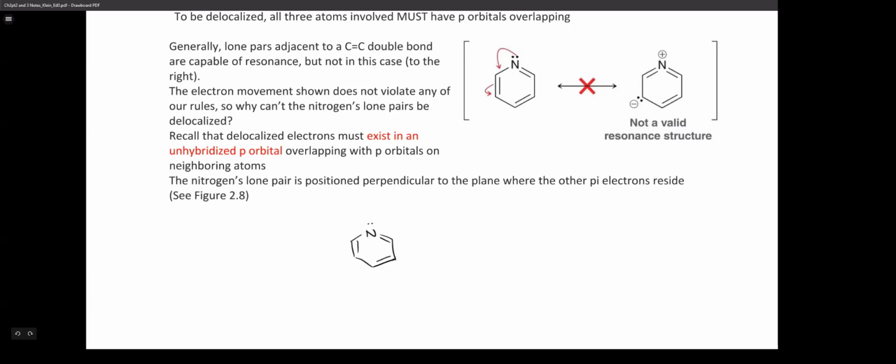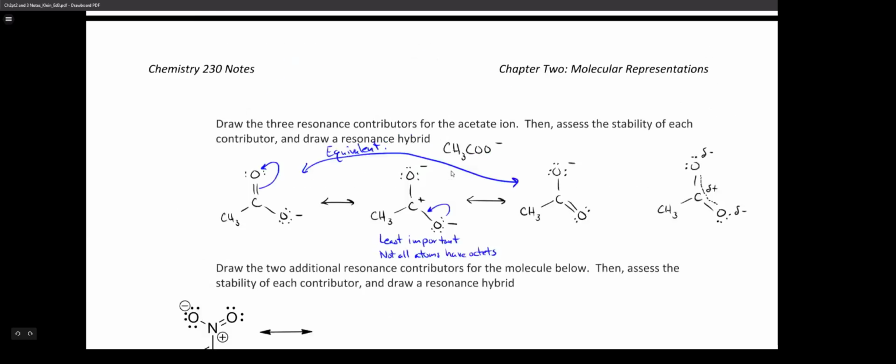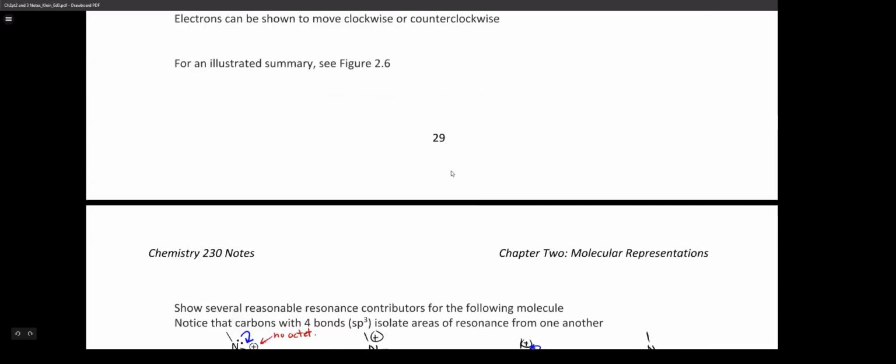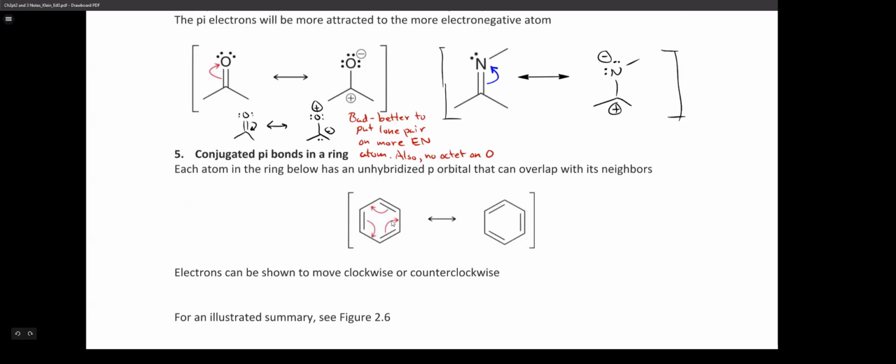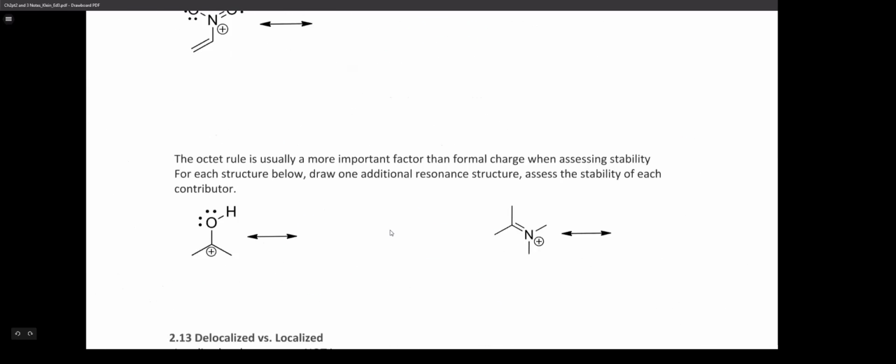Okay, so how could I do the resonance? If I can't move the lone pairs, I can still move the pi bonds. By the way, this is the same pattern as here, pattern 5. Okay. So I can move the pi bonds here, these here, and these here.